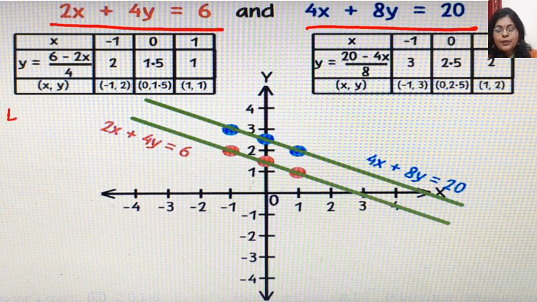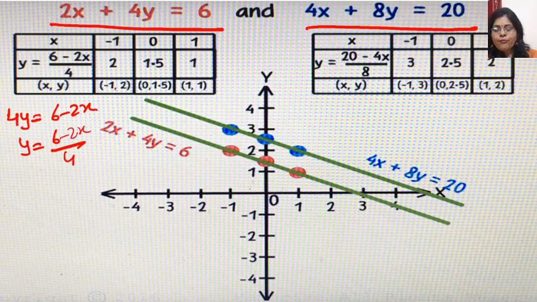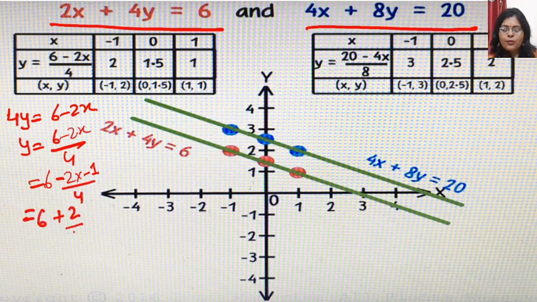We'll put here 4y equal to 6 minus 2x, y equal to 6 minus 2x upon 4, and then by putting the value of x equal to minus 1, 6 minus 2 into minus 1 upon 4. What do we get? 6 plus 2 upon 4.